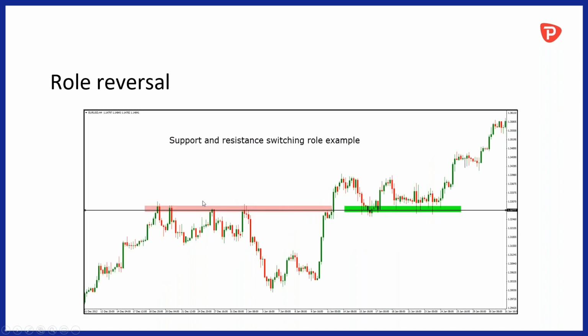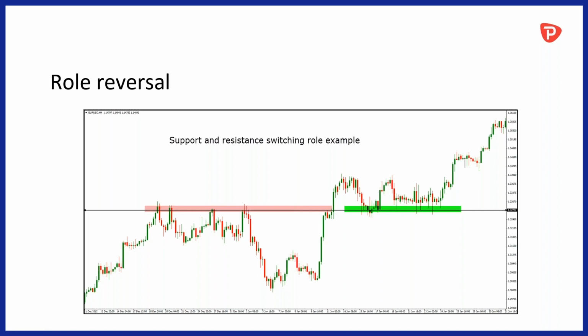We use this slide all the time where we're saying, okay, the resistance here on the Euro 4 hour, could be a 5 minute though, has been met multiple times. It's been tested. It hasn't been able to break through. And then at some point here, the market's broken through and then that point has acted as support. This goes for indexes. This goes for shares. This goes for everything.